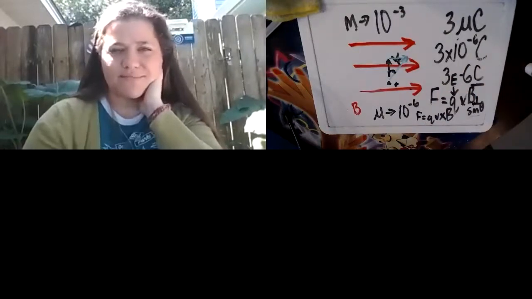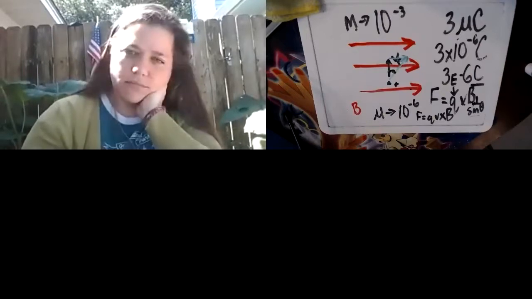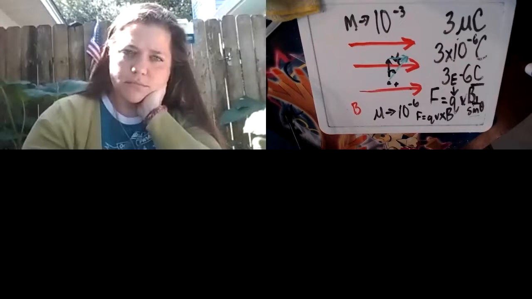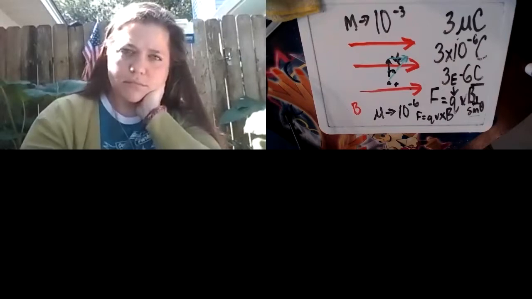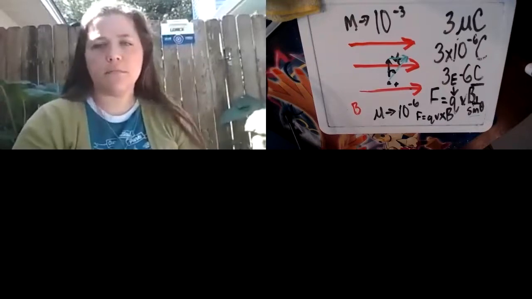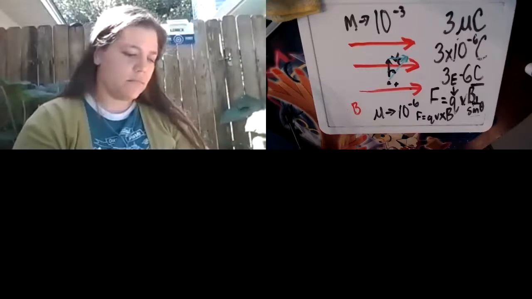But if they give you an angle, it's either going to be the sine theta or the cosine theta, depending on which angle they give you. Not, I don't want to say always, Tamba. Always is a tough word to use.